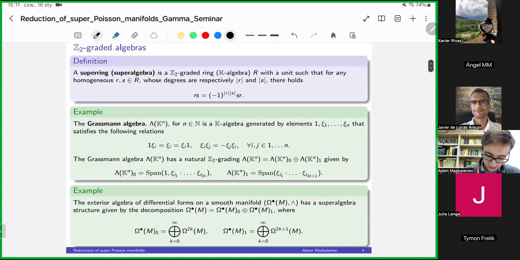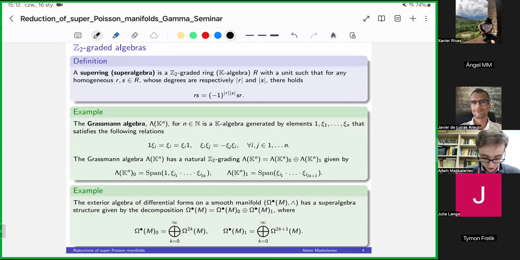It admits a natural decomposition into direct sum of the following form, where elements of degree 0 are spanned by the unit and the product of an even number of our generators of Grassmann algebra, and this odd part, the part of degree 1, is spanned by products of odd numbers of those Grassmann generators.